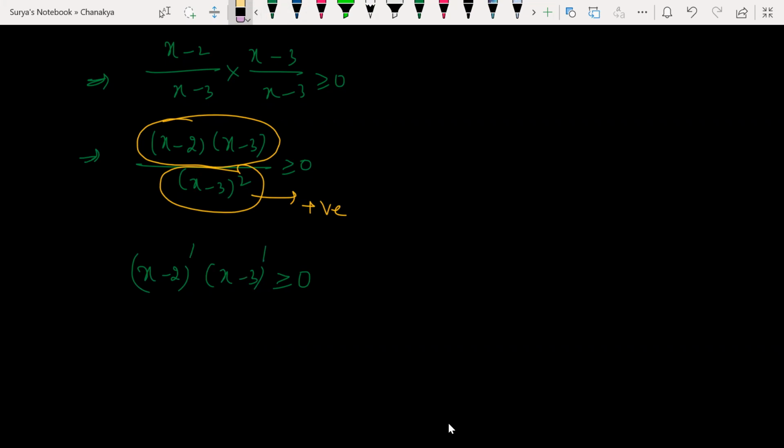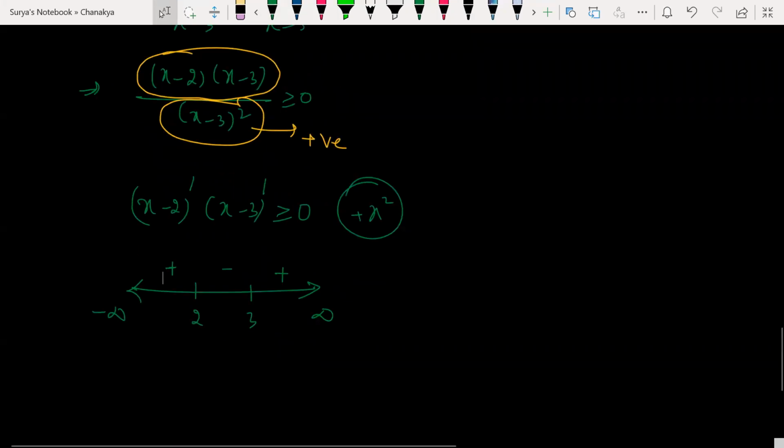Wavy curve method. Look at this. Minus infinity to plus infinity, with the points 2 and 3, greater than or equal to 0. Powers are odd, so it simply starts with plus, and the coefficient of x square is also positive. So plus, minus, plus, alternate signs. Yes or no?